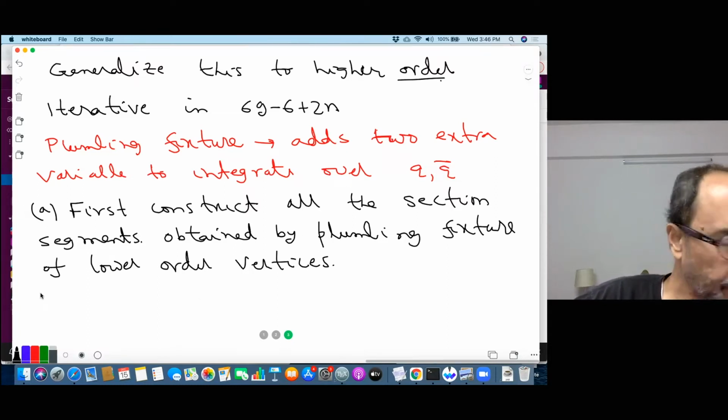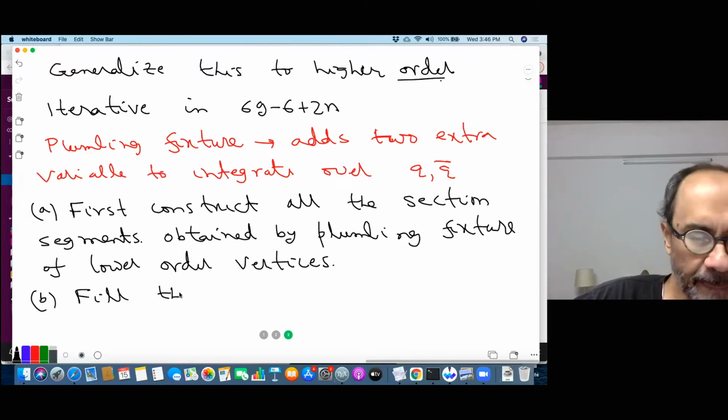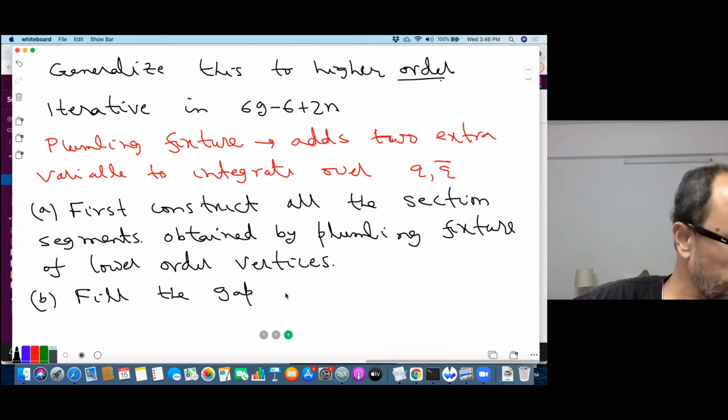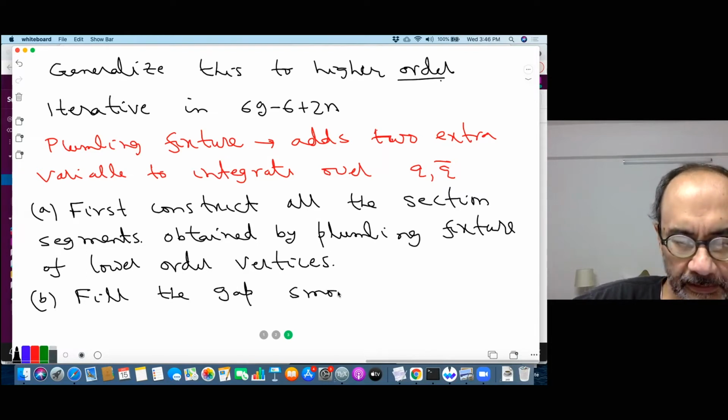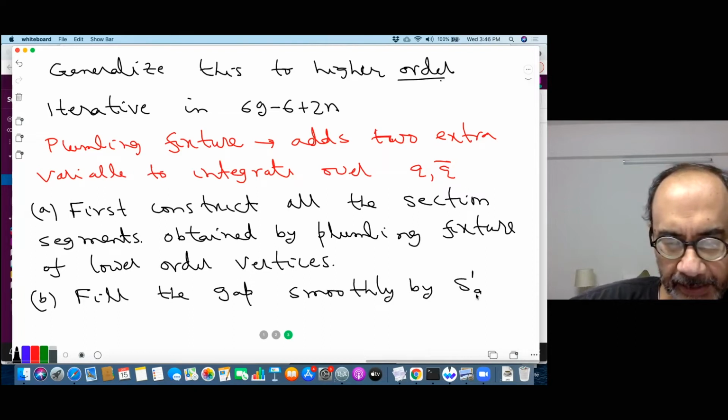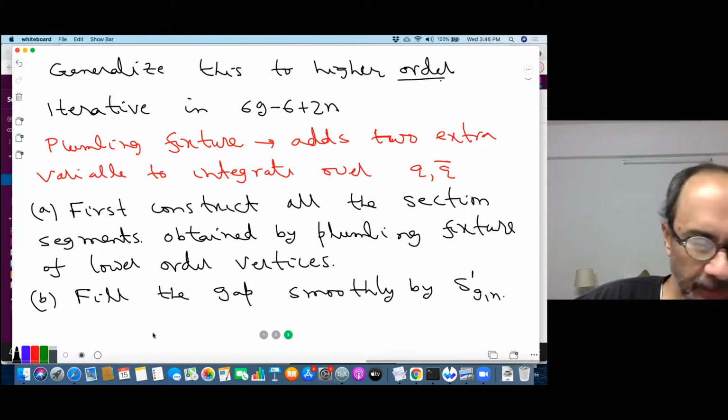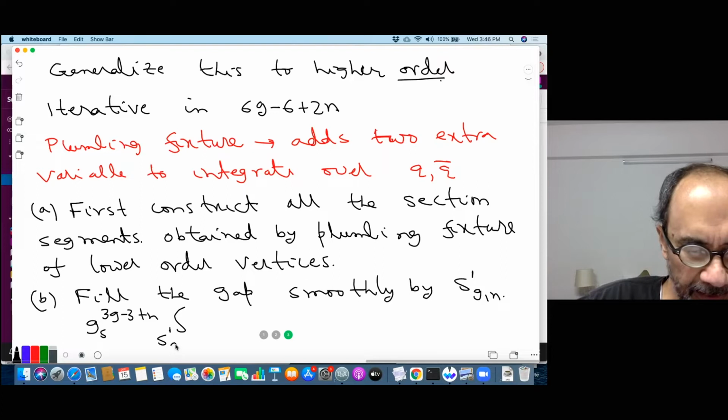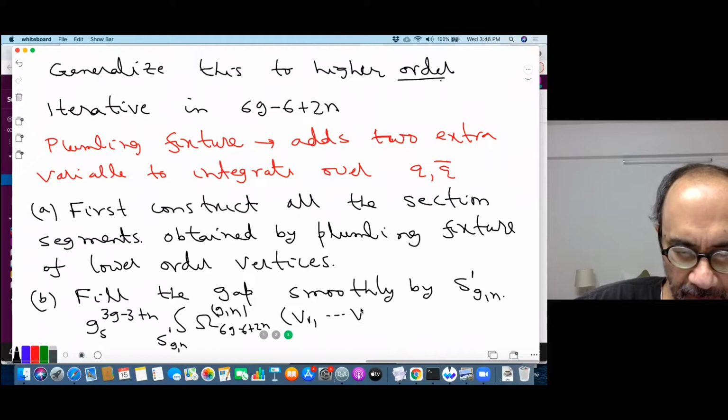And then fill the gap smoothly by S prime Gn. And then you have to give it an interpretation: g_s to the power 3g minus 3 plus n, integral over S prime Gn of omega Gn of degree 6g minus 6 plus 2n. And it will be characterized by, of course, V1 to Vn.